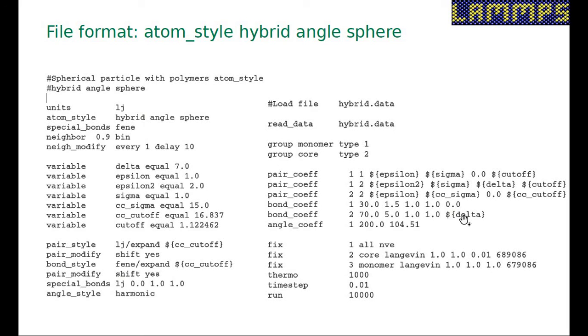This delta is the diameter of the big particle minus the diameter of the small particle, divided by two. Finally, the angle coefficient needs to be defined. So the spring constant in Hooke's law is 200, and this is the maximum angle, 104.51. This is in degrees.